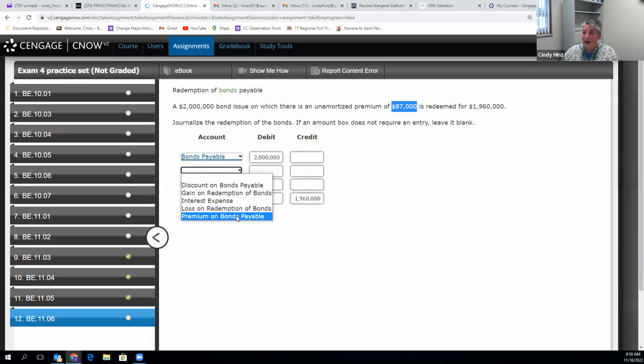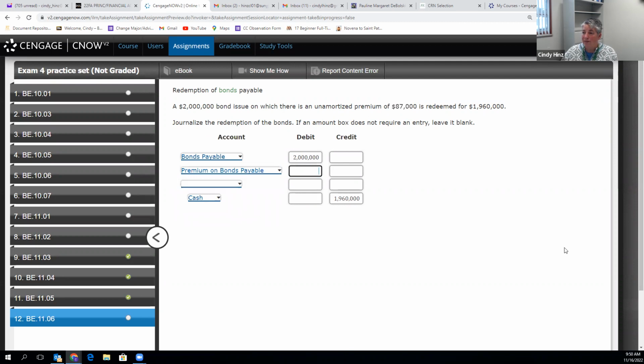Since it has a normal credit balance on the premium, to get rid of it, we need to debit that account. And so now we will have removed from our balance sheet not only the face value, but also the remaining premium. I'm going to have to do a little bit of math here. I can see, of course, that our debits and credits are not equal, but I have to do the calculation.